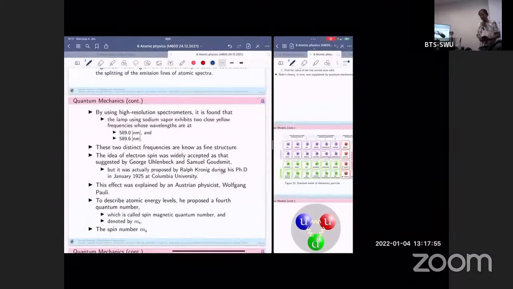Only at the PhD level could you discover something meaningful to the world of science. That was Kronig's PhD thesis that addressed the idea of electron spin, but no one would accept it at that time. Only people that have influence on society, like Professor George Uhlenbeck and Samuel Goudsmit.